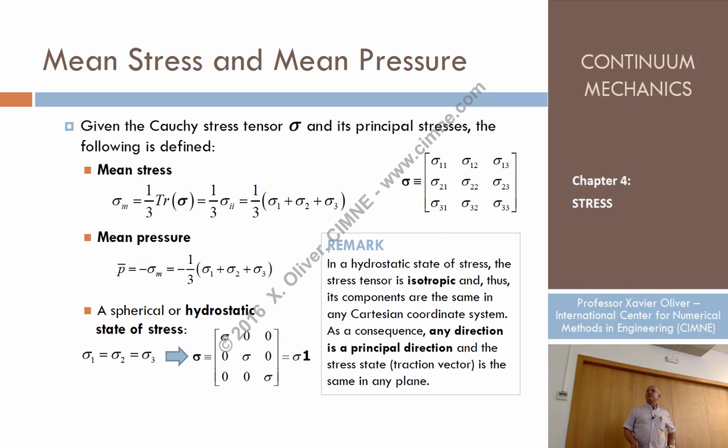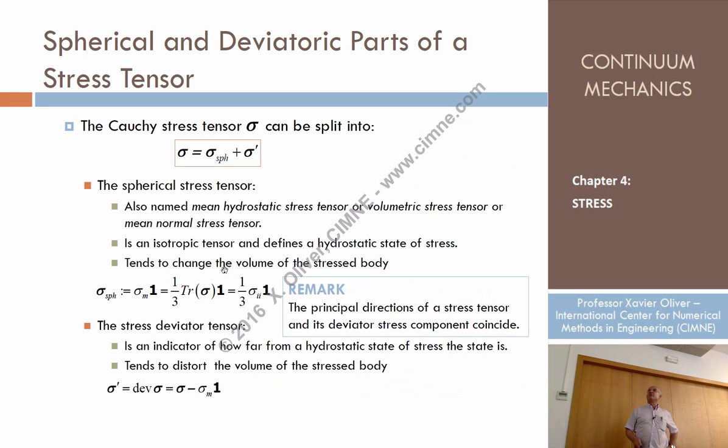So it's a tensor which is hydrostatic. But what is in it? The mean stress, a scalar, which is in turn 1/3 of the trace of the original tensor. This is hydrostatic by definition, because this is a spherical state. And then what is sigma prime? Well, the difference of the original stress state minus its spherical counterpart.